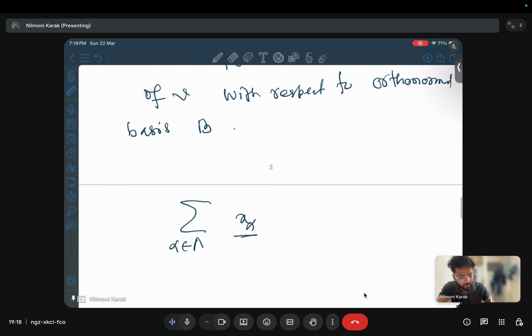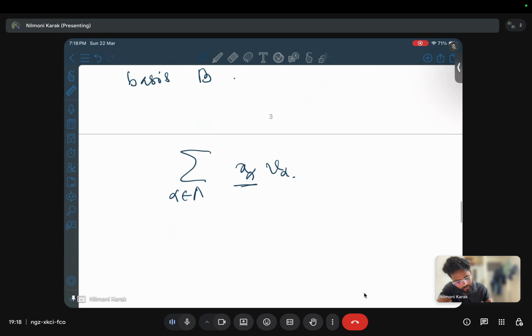This is the Fourier coefficient and this is the element v alpha. But what is the interpretation of the series? Here the number of terms is not countable, because generally we consider this index set as arbitrary, maybe countable, maybe uncountable.